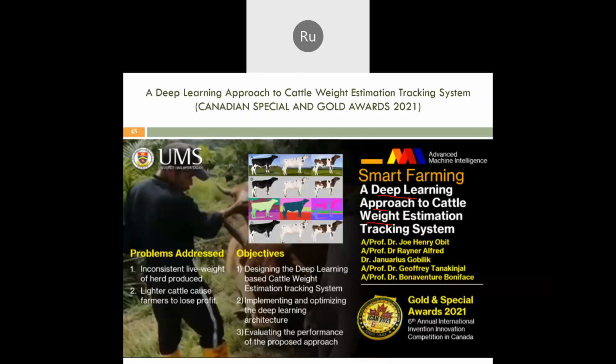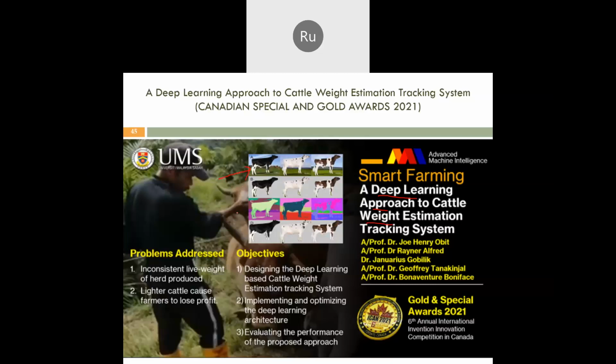So we took the image of the cattle, then we weighed the cattle. Different images will be associated with different weights. So we learn how to estimate the weight based on the side image and top image.